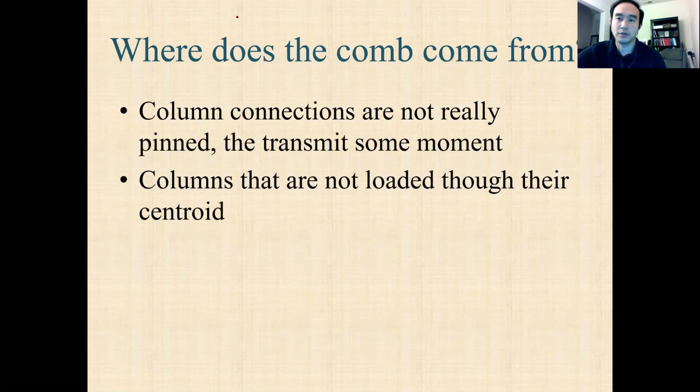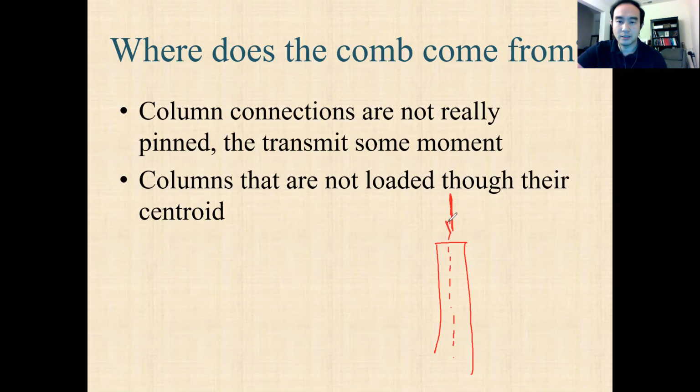For example, let's say here we have some portion of a column. In the earlier chapters, we talked about the axial force, which means the force is applied exactly at the centroidal axis. But sometimes we can have a situation where we have a column, this is the centroidal axis, and the forces are applied over here.